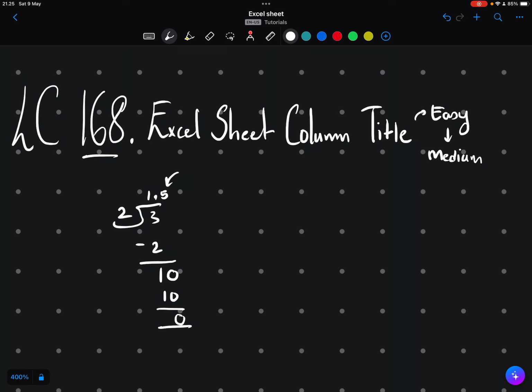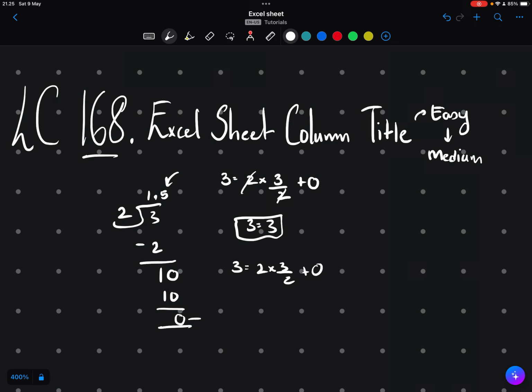If we wrote this equation out, we would do 3 equals 2 times 3 by 2, which is 1.5, plus 0. When you cancel this out, it is like saying 3 by 3. But when we write it out fully, you do 2 times 3 by 2 plus 0.